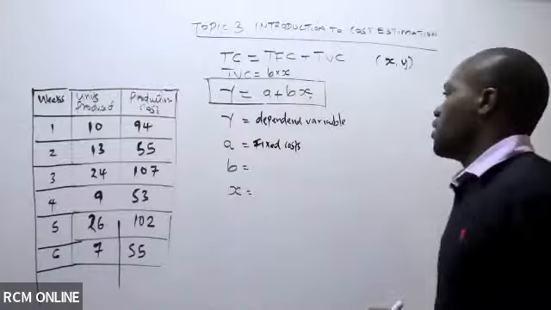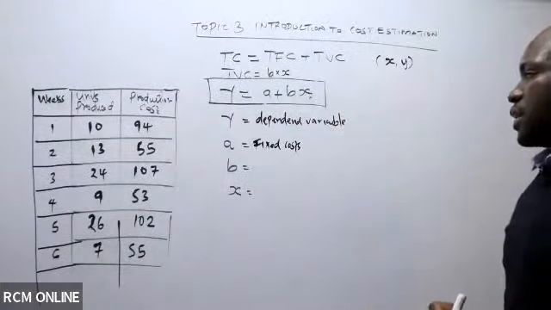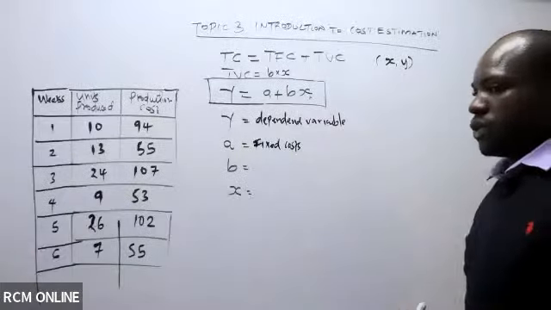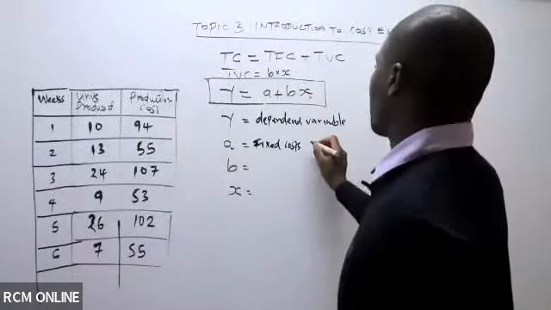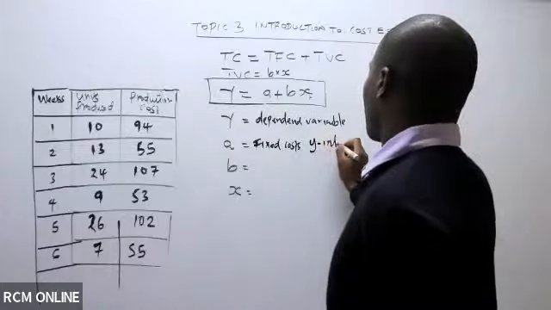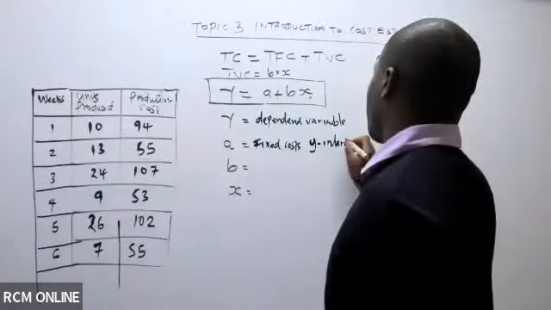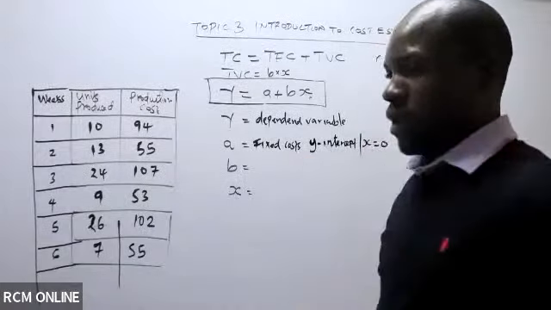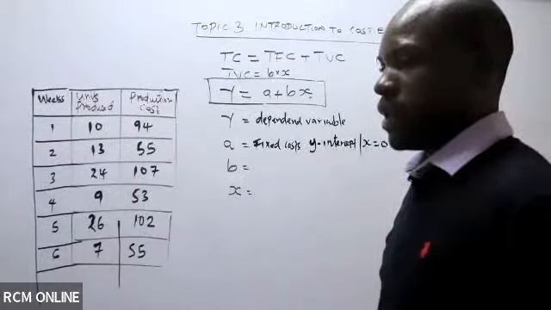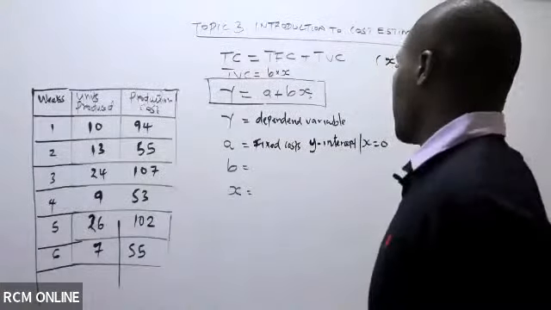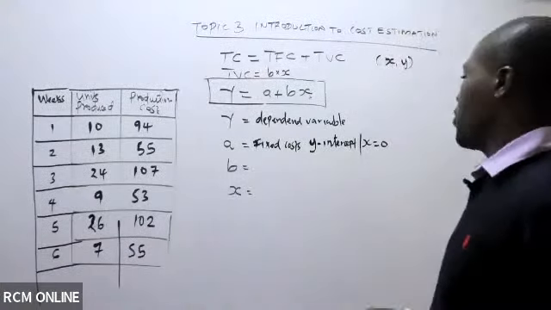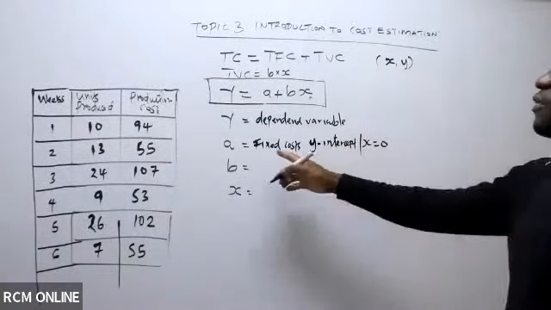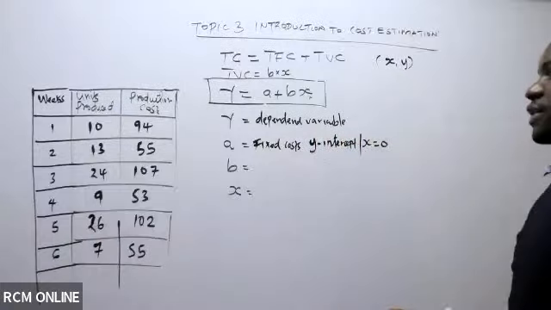Now, we have another name for this fixed cost. We call it the Y-intercept. At Y-intercept, X is equal to 0. So somebody is wondering, why are you talking about X equal to 0, Y-intercept, fixed cost? All these things are not making sense.